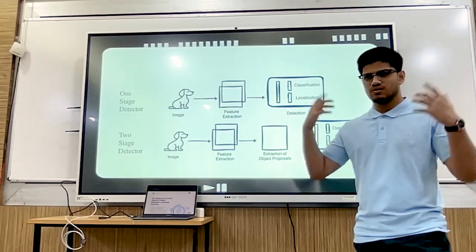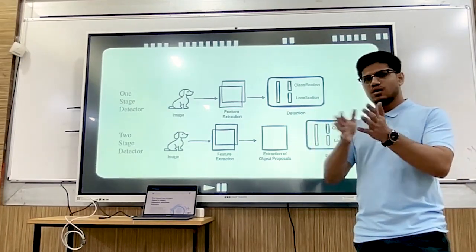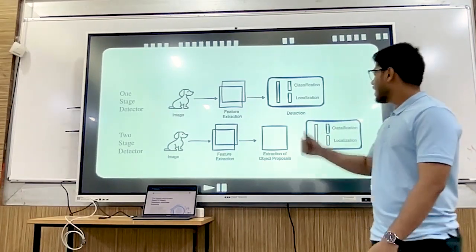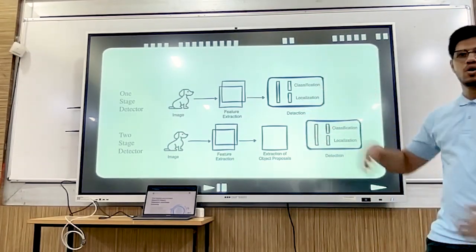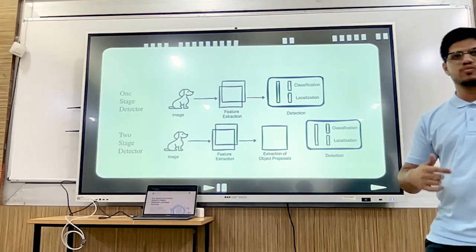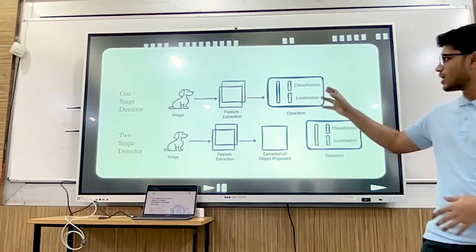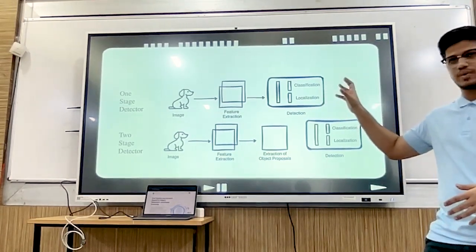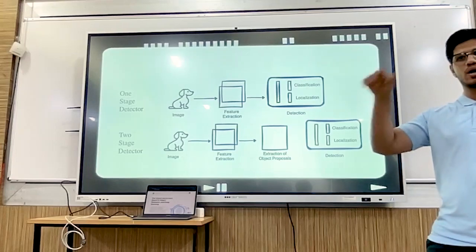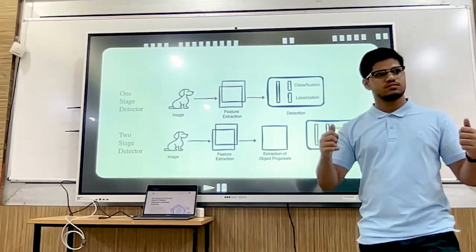Paws, nose, ears, stuff like that. So it extracts those kinds of features from that image and passes them on to another mechanism which classifies whether it's a dog, a cat, or a horse, based on those features that have been extracted, and then it localizes on the image. With me so far?